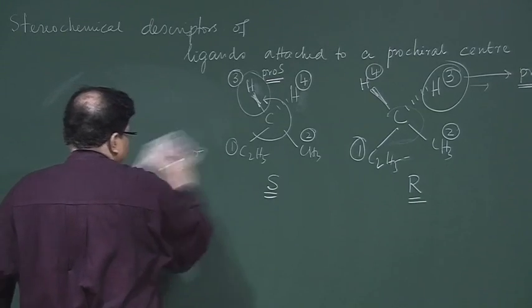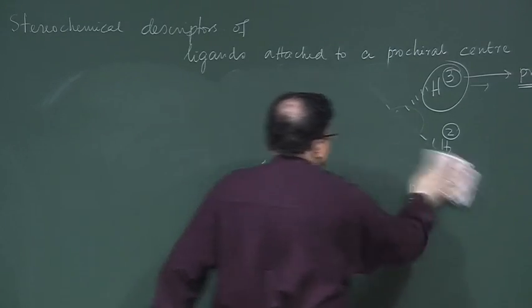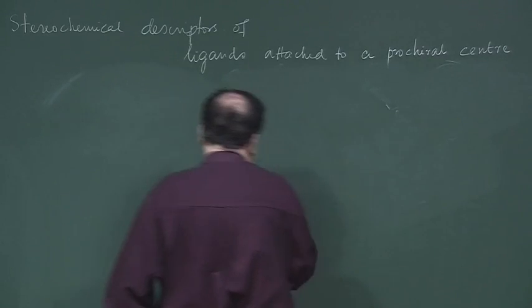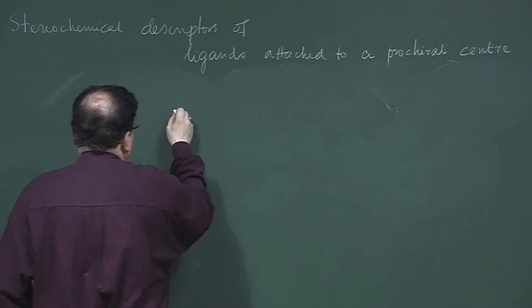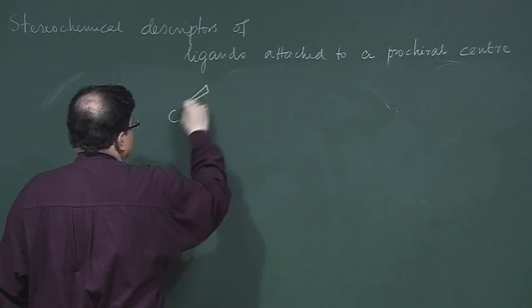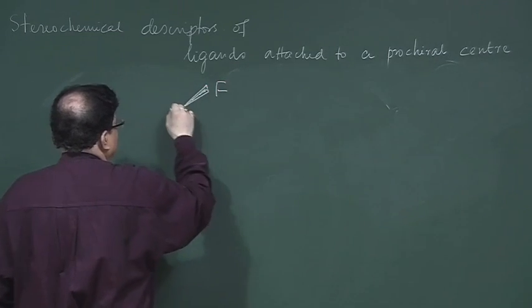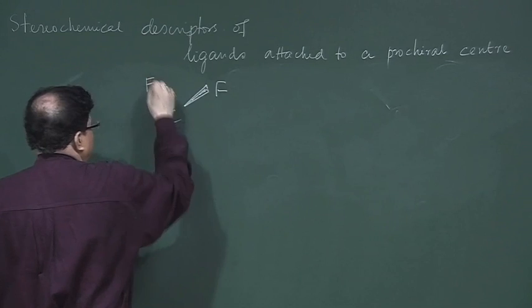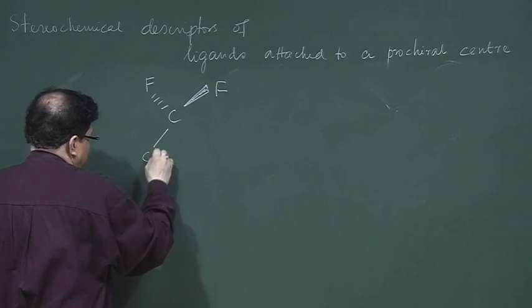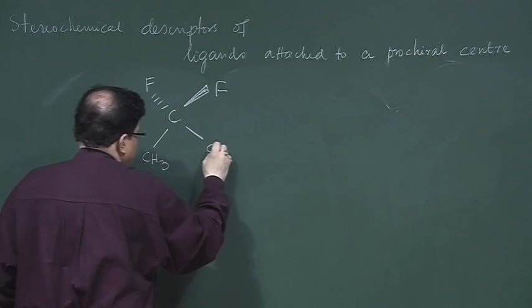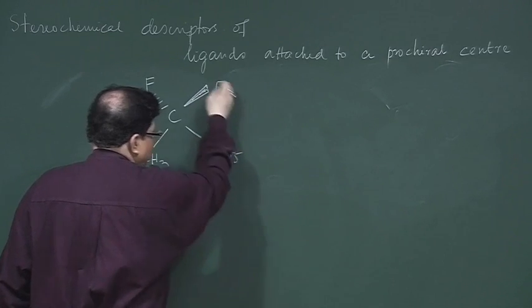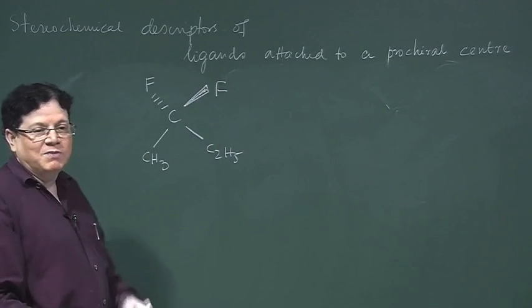Suppose I want to figure out which one is pro-R and which one is pro-S in this system. See, this is a fluorine, another fluorine, and this is a methyl, and this is the ethyl. Almost a similar compound, but the hydrogens are replaced by fluorine.